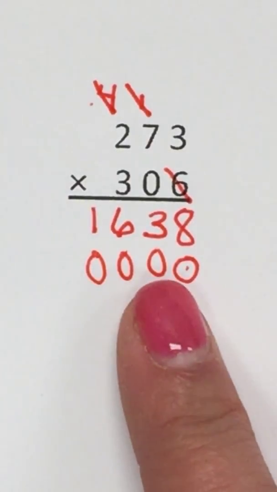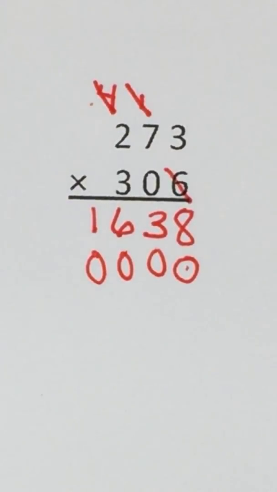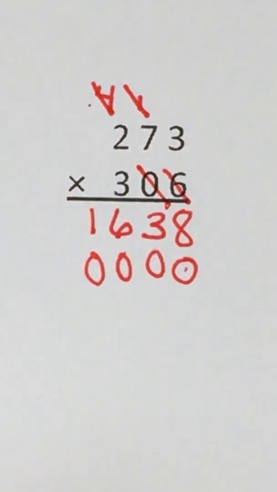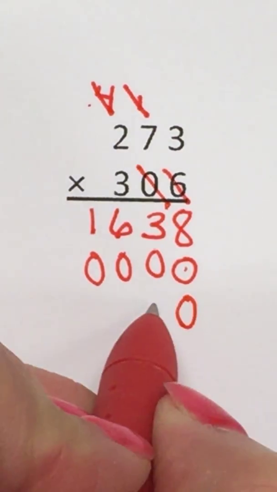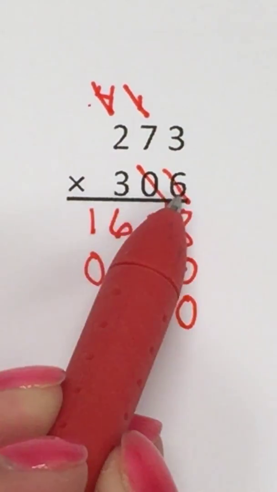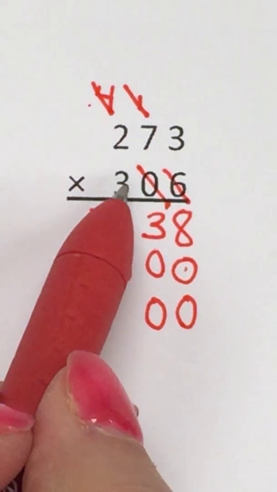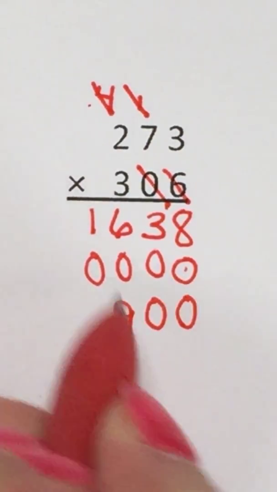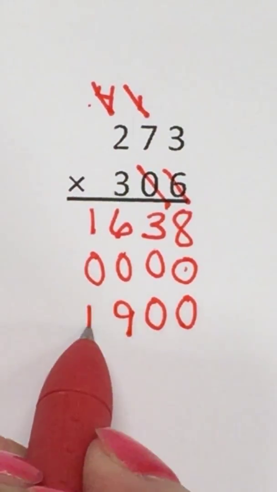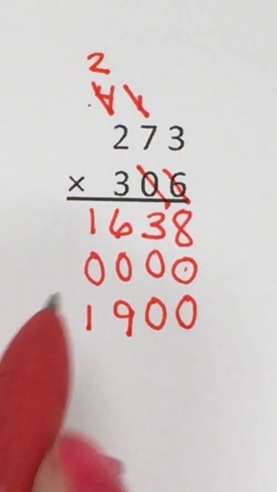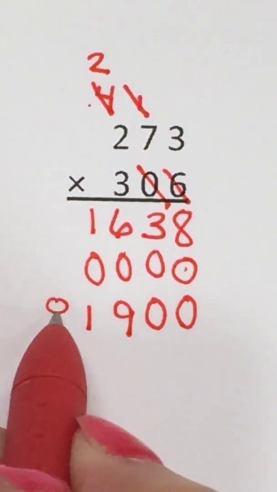If you want to skip this step, you may, but here's where everybody makes a mistake. When you cross out this 0 in the tens place, you have to put down 2 placeholders before you start your multiplication again. So then I end up with 3 times 3 is 9, 3 times 7 is 21, and 3 times 2 is 6, plus 2 is 8.